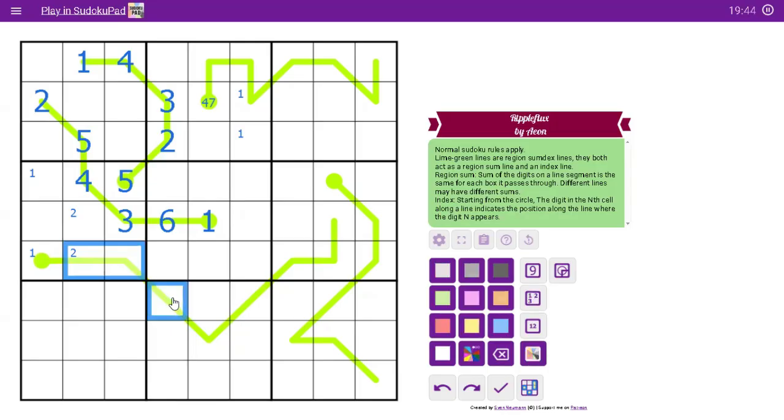Can't go here, because I would say 4 here. Can't go there. Could go there, and it could go here. So those are the options for the 1. And these sum to 15. All right. So this is 15.